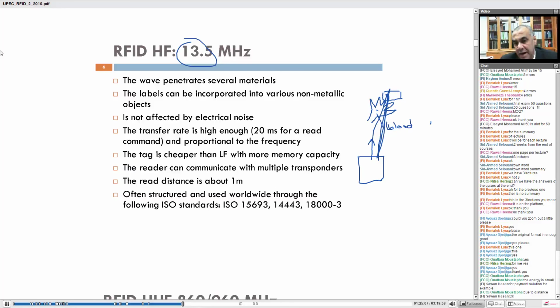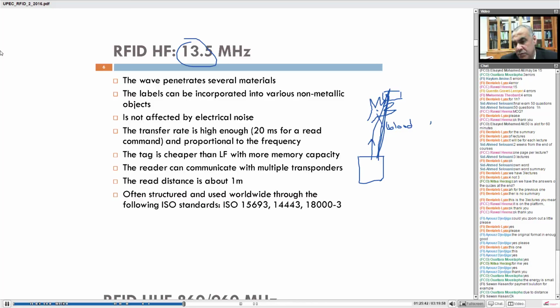If you have absorption here, there is no electromagnetic wave to come through. So you have to choose the right frequency, the frequency which is not absorbed by the material you are working with. For these two frequencies, 13.56 megahertz and 125 and 134 kilohertz, there is no problem working with water and methane.